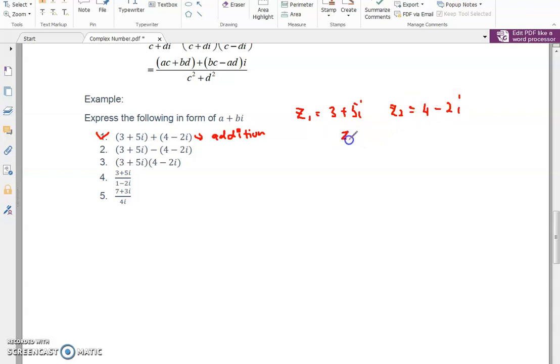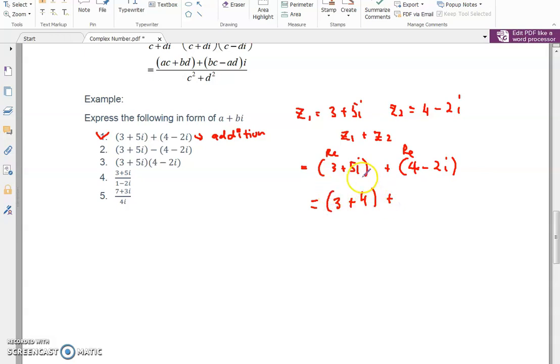So if you want to calculate z1 plus z2, what we are supposed to get is 3 plus 5i plus 4 minus 2i. Now let us divide it into two categories, starting with the real part. Your real part here is 3 and the real part here is 4. So you are going to get 3 plus 4.